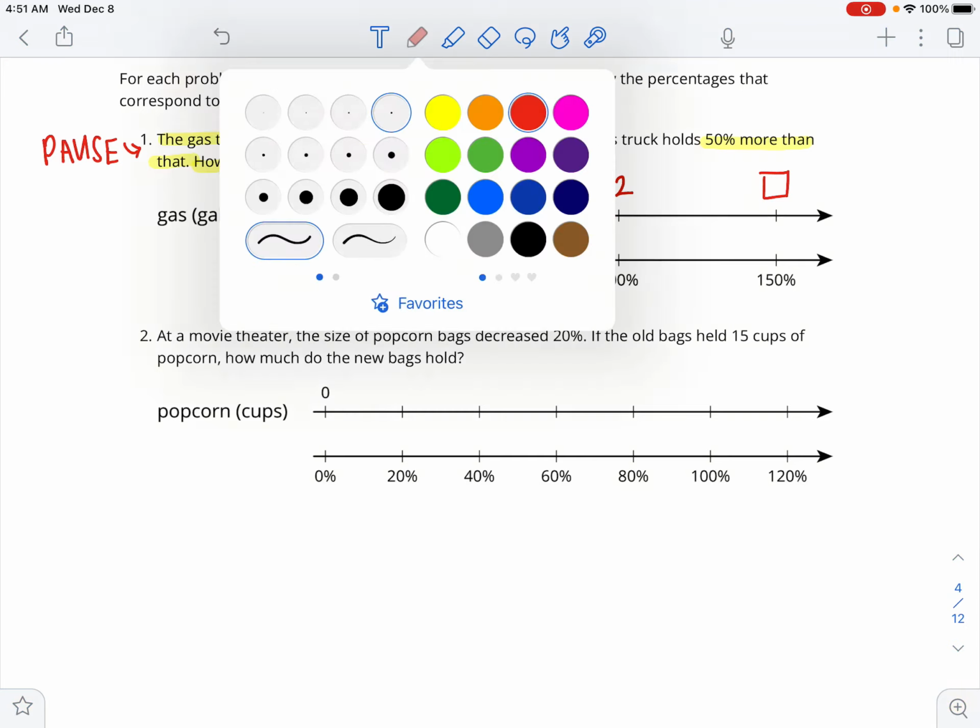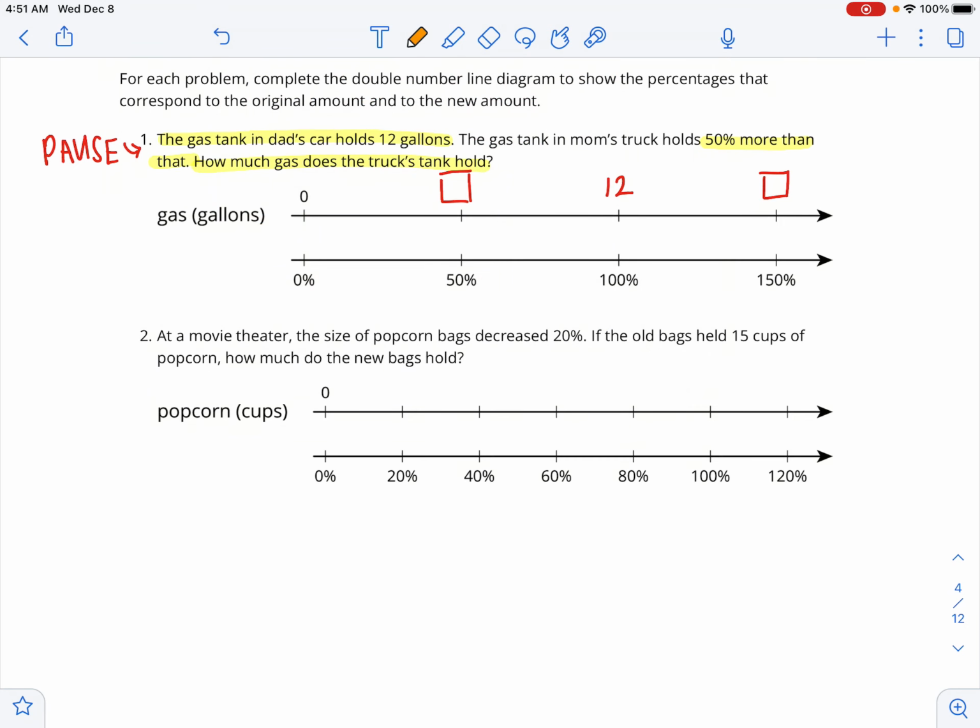So, we know that we are splitting up 12 into 2 equal groups. 1 group, 2 groups, which means the number in this box needs to be half of 12. Well, half of 12 is 6, and we know that after 12 will come 18. Because for every time we increase by 50%, we're increasing by 6 gallons.